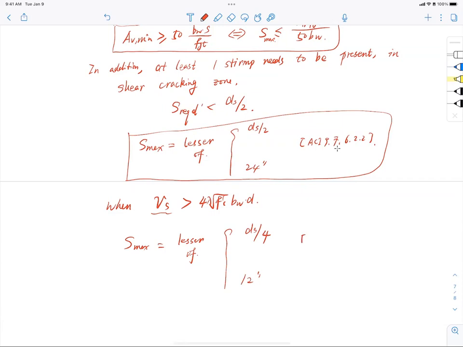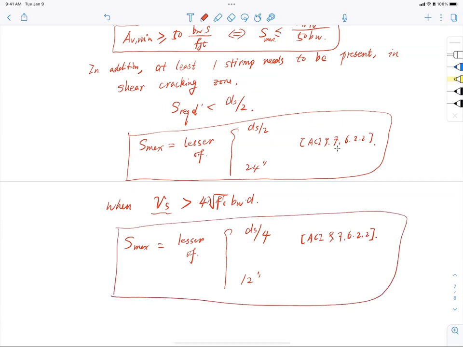And this is ACI 9.7.6.2.3, still 2. All right, so that is where we're at for the shear spacing.